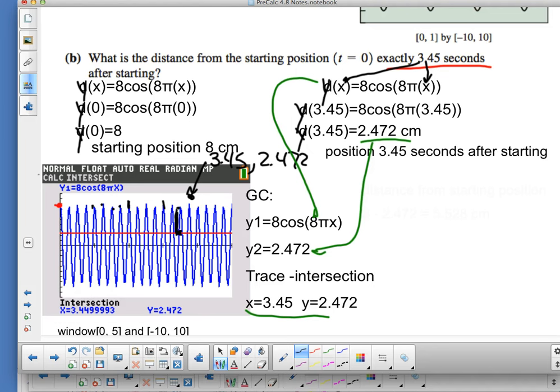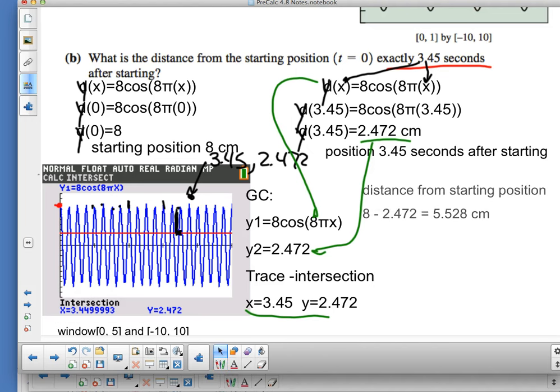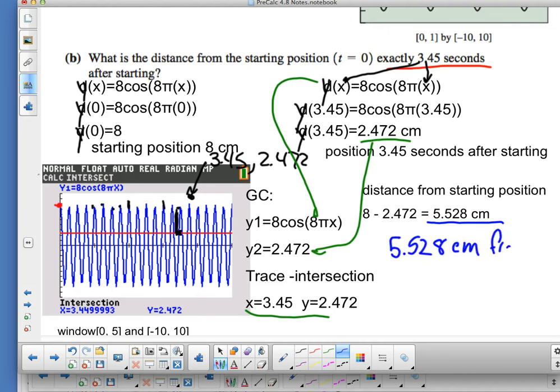So the distance from the starting position is 8 minus 2.472, which is 5.528. So I am 5.528 centimeters from the starting position.